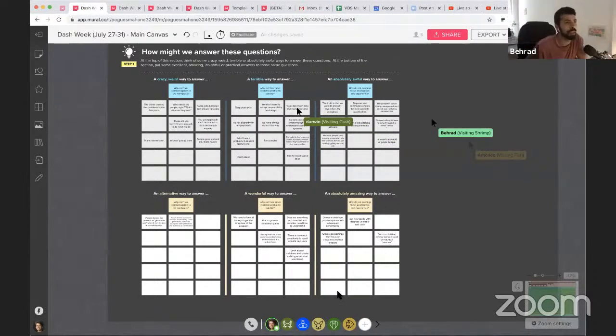I think right now we are still too early to be thinking about the solutions and answers. Right now we are in the divergent mode and we're trying to explore the topic.